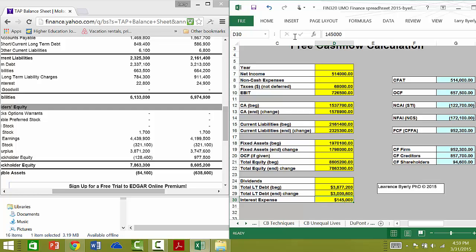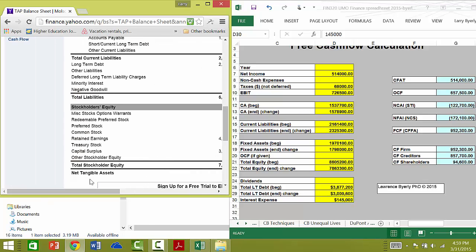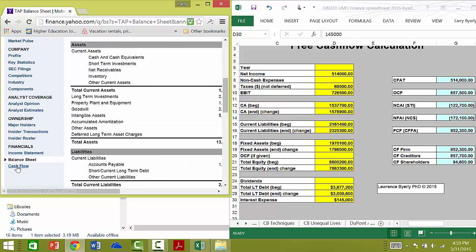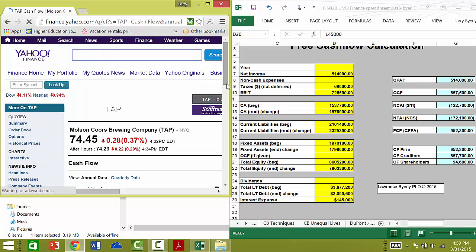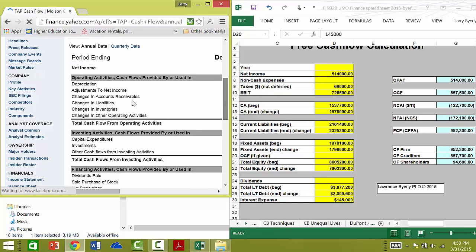The only two items we now need are the non-cash expenses and the dividends. So let's go over here and see if we can find those when we look for the cash flow statement. So we'll go to the cash flow statement. And the first place where we would find this is we need to find depreciation. So where's depreciation?